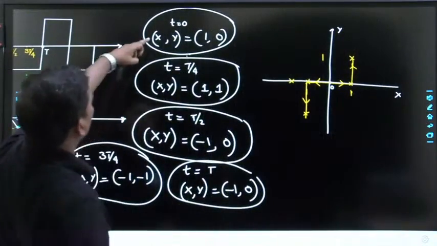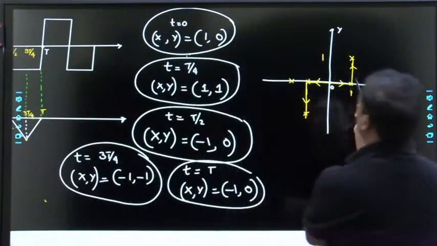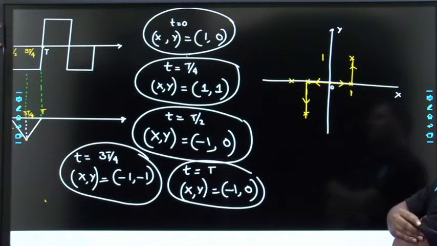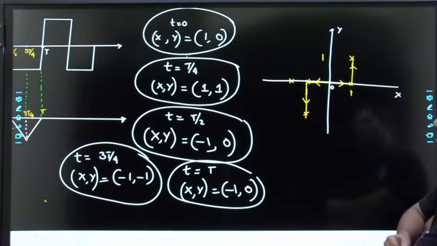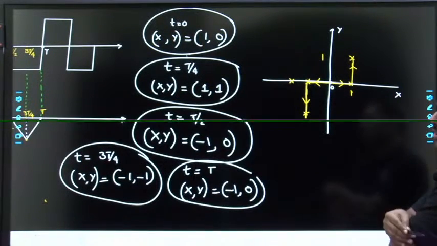At t is equal to 0, 1 comma 0. At t is equal to T by 4, 1, 1. At t is equal to T by 2, minus 1 comma 0. Next comes minus 1, minus 1. And the last comes minus 1, 0. So the arrows also we can show like this. It will go like this. Understood? So this is the pulse.